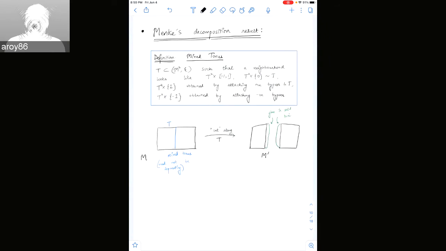And as I mentioned, the idea is if you have T living inside a manifold, which is a mixed torus, you cut the manifold along T to go from M to M prime, and then you create two torus boundary components and you cap them off with solid tori in a standard way that Menke describes in his paper, and you obtain a closed manifold M prime. M prime may or may not be connected.